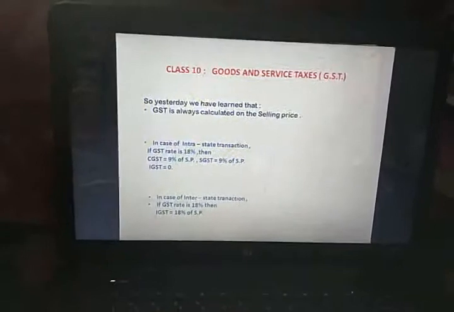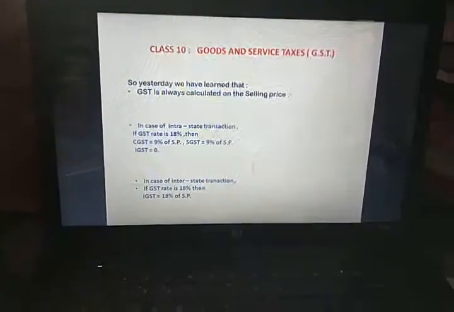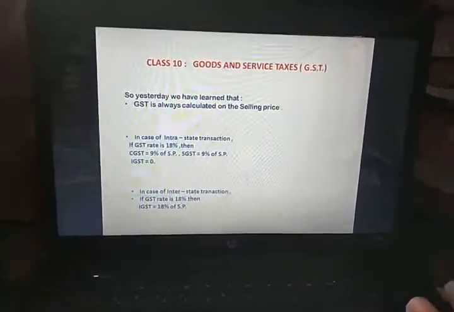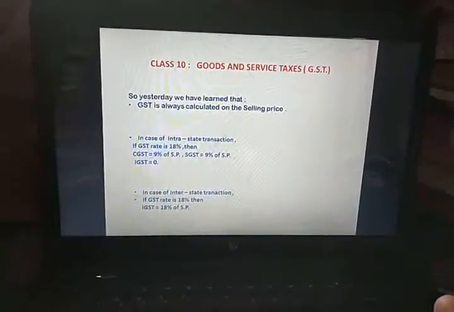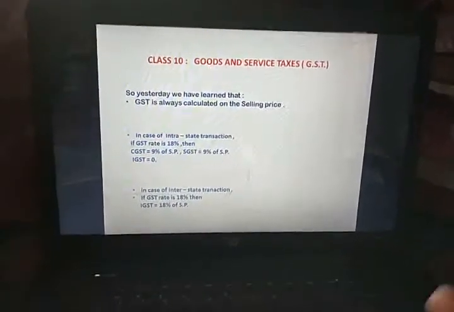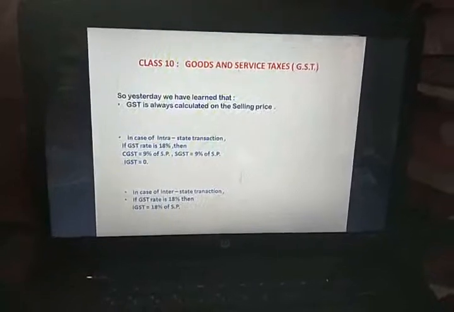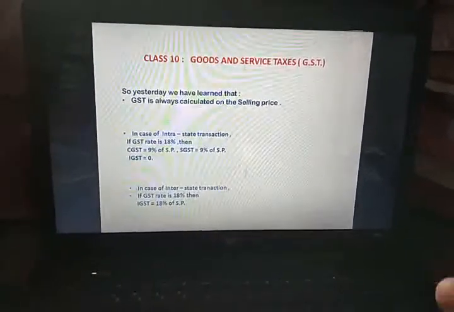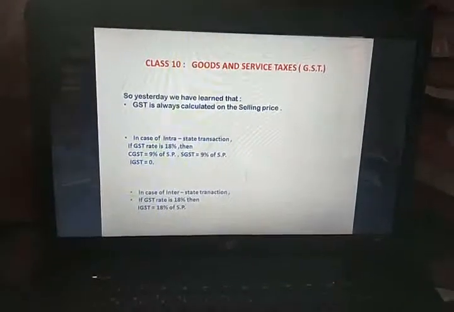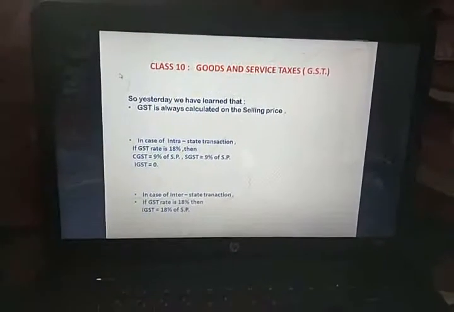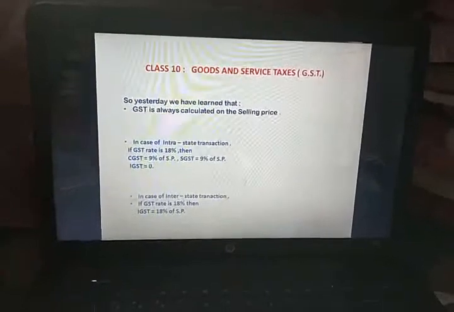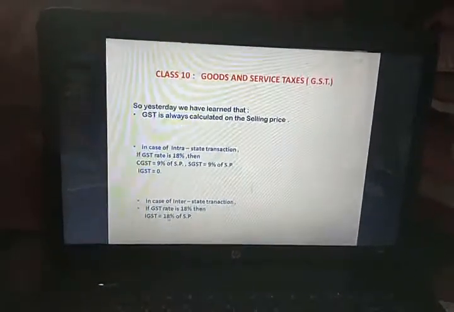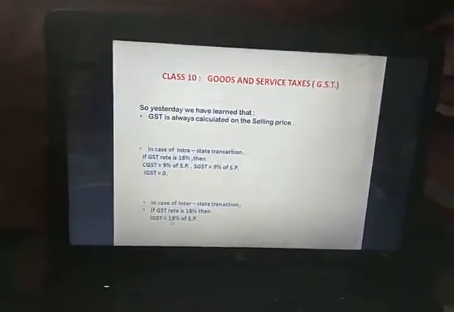So simple as that. Remember, it is calculated on the selling price. In the second case, the rate of GST will be divided equally. In the third case, the rate of GST remains as it is.